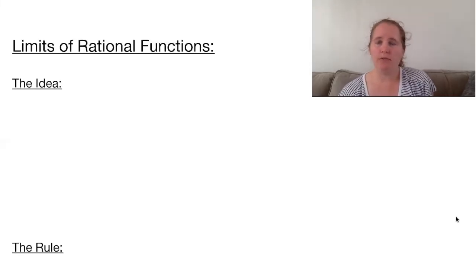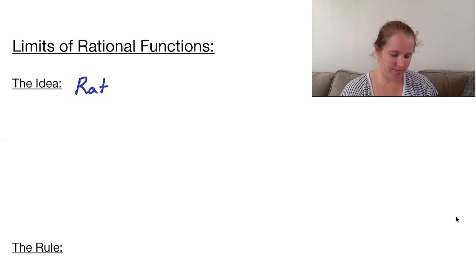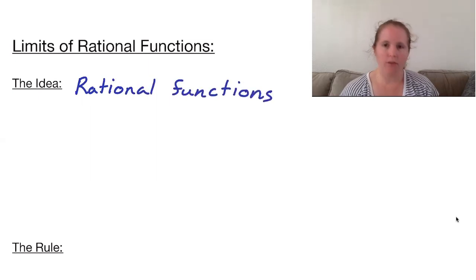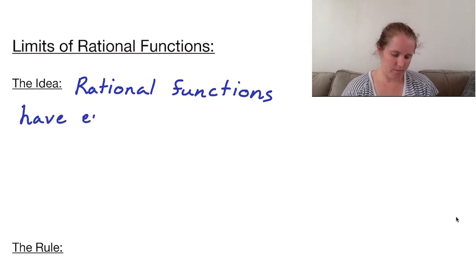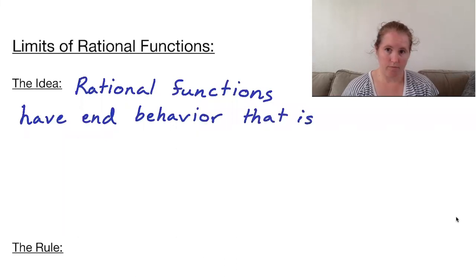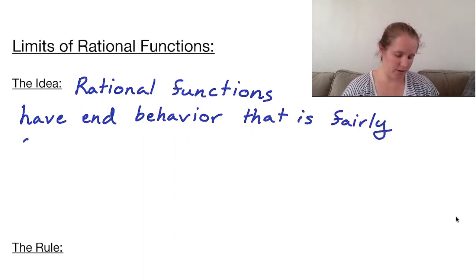Welcome to limits of rational functions. So the idea here is that rational functions have end behavior that's fairly simple to determine, or at least fairly quick to determine algebraically.